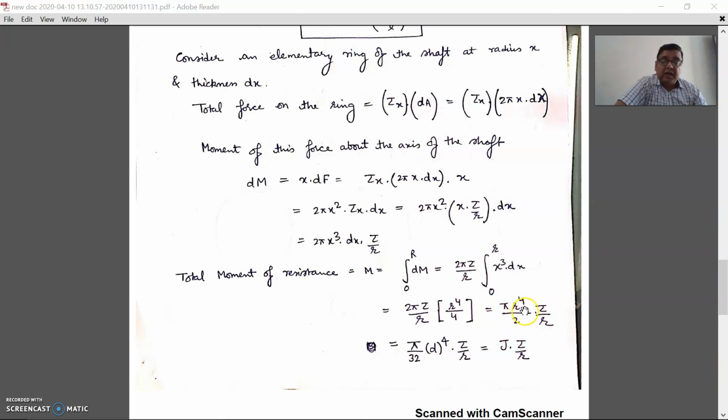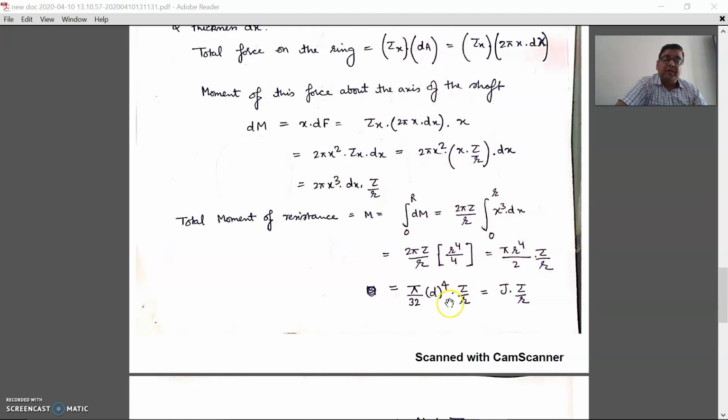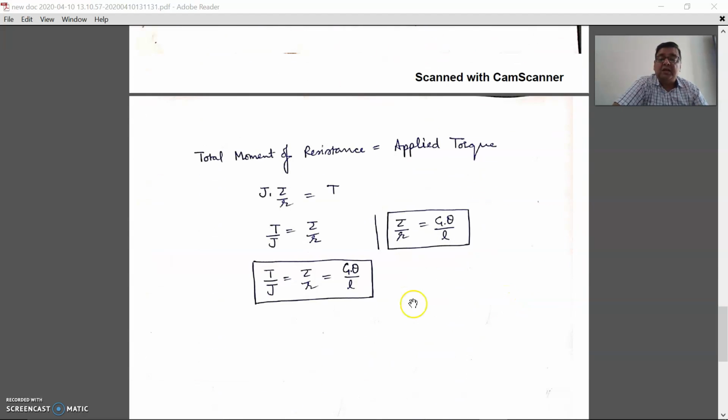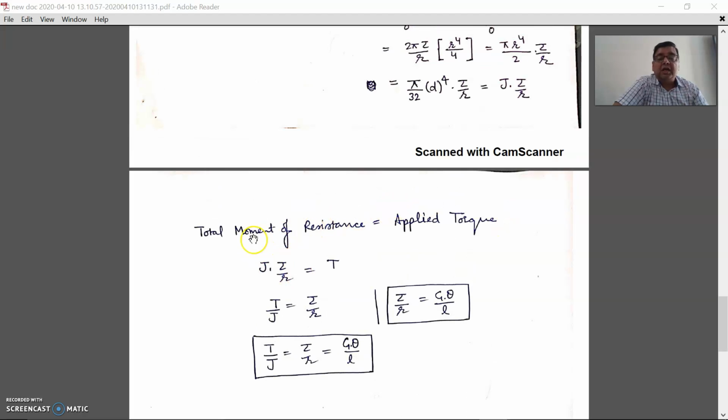Now if we integrate it, we get 2 pi tau upon r into r to the power 4 upon 4, and if we convert r into d, then it is pi by 32 d to the power 4, which is called J, the polar moment of inertia, right? As I already told you in the beginning, the total moment of resistance is equal to the applied torque, so J into tau by r is equal to T, or T by J is equal to tau by r.